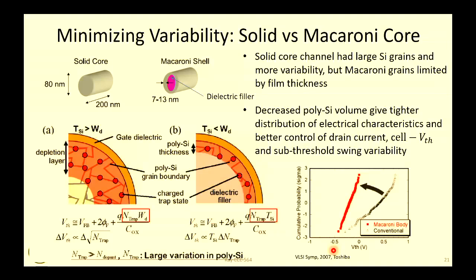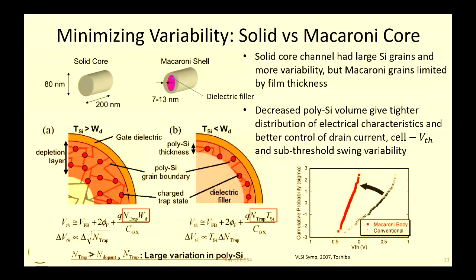Very small change. Instead of filling the entire memory hole with polysilicon, they just filled the surface and filled the rest with dielectric filler, which is oxide. And most of the 3D NAND is now made in this way. And that way you control the thickness, right? Geometrically, you minimize the variability.